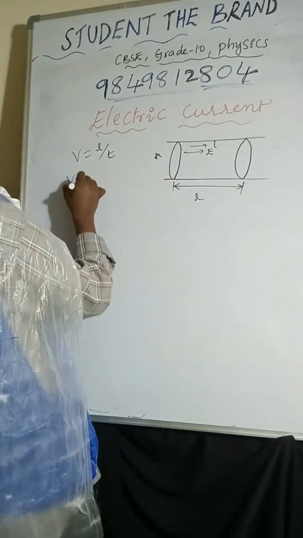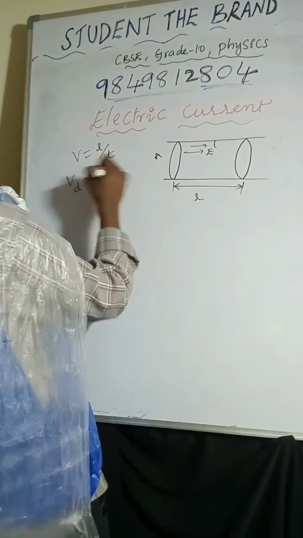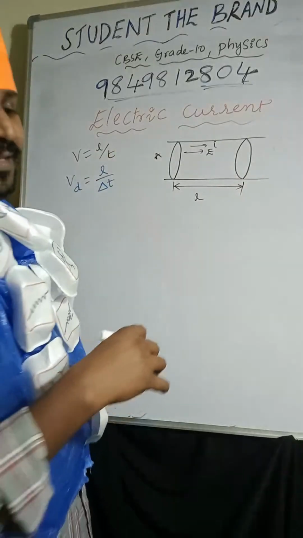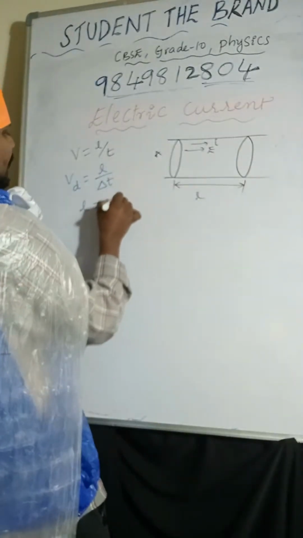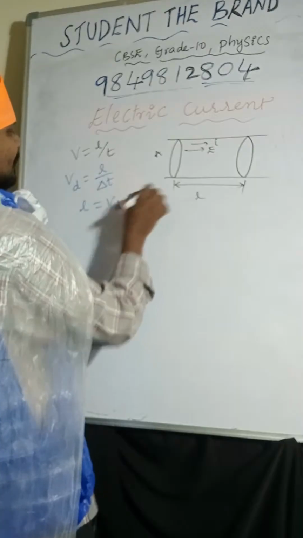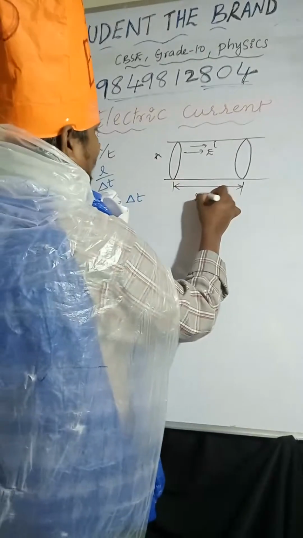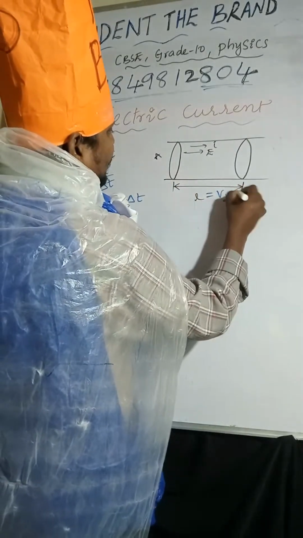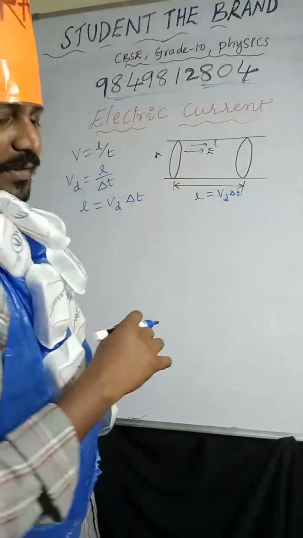So Vd equals L by delta T. Listen carefully: L equals Vd into delta T. So this length is Vd into delta T. I hope it is very clear now.